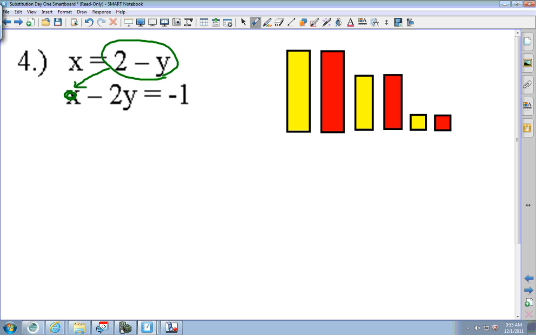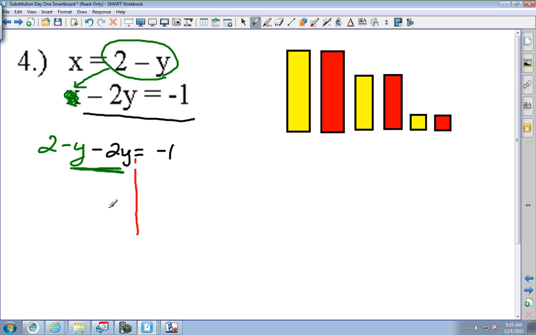So instead of x, what am I going to write there instead? 2 minus y. Now write the rest of this equation. Minus 2y equals negative 1. Okay? Now, put your y's together.